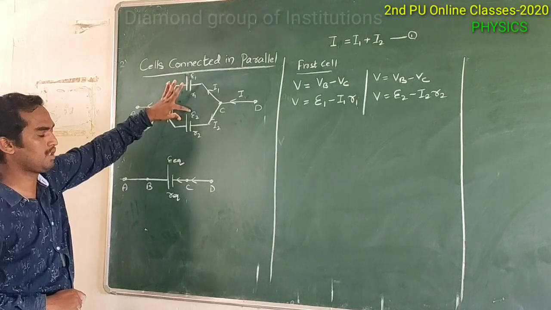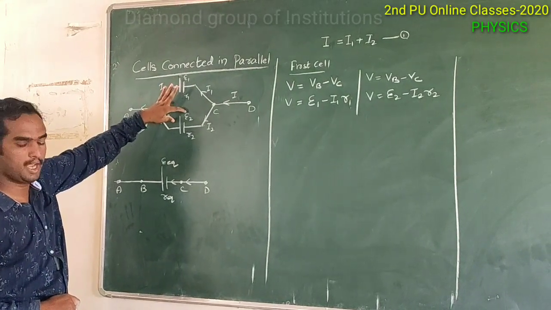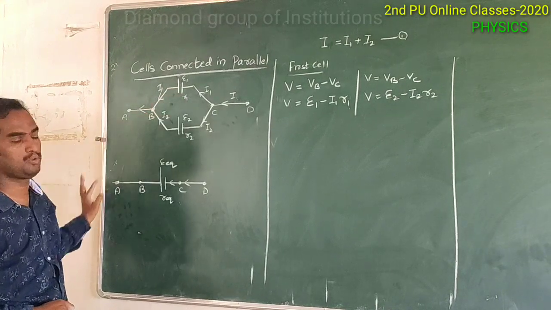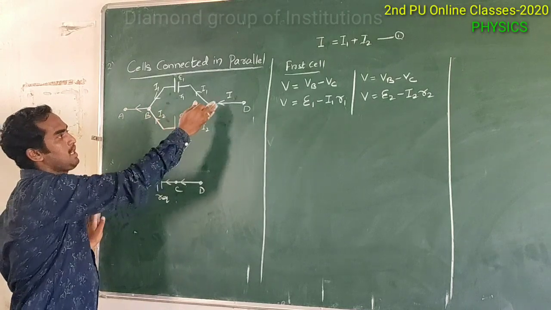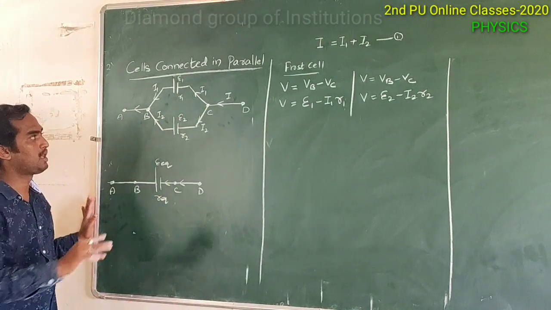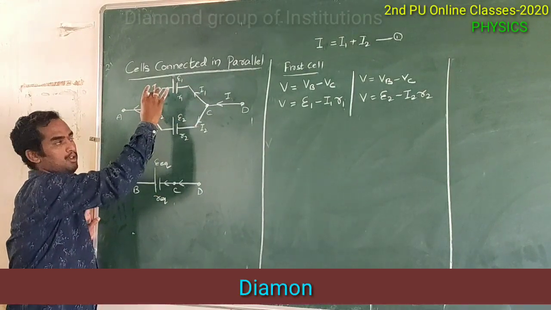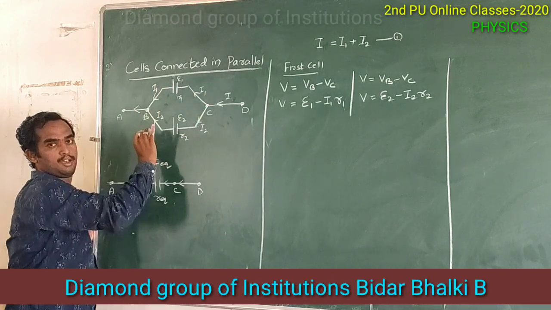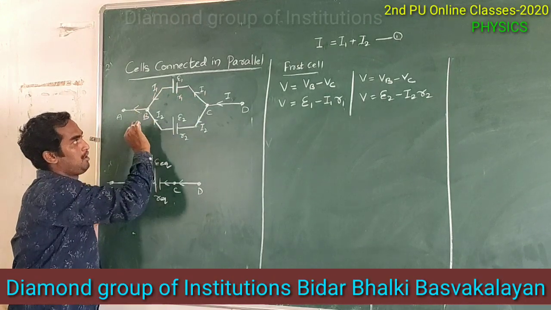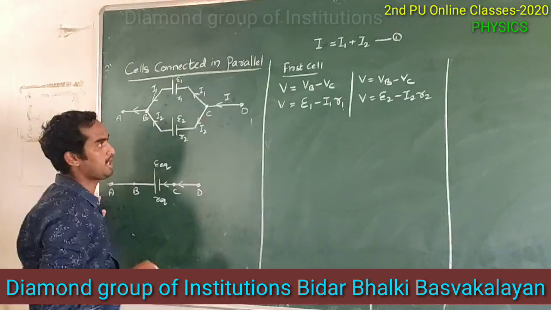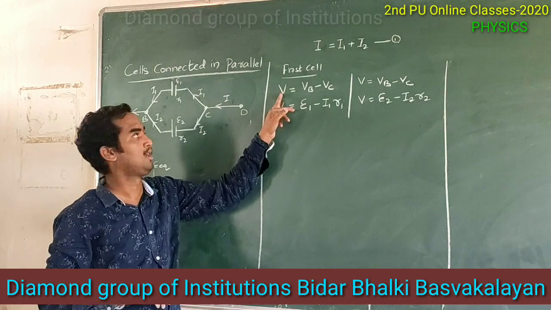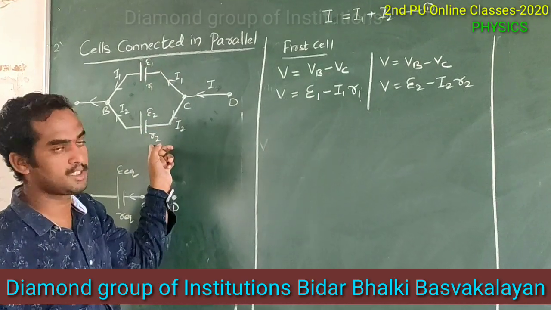The second cell has EMF E2 and internal resistance R2. We can see the points A, B, C, D. So there are two paths across between points B and C, and between these two points we are calculating the potential difference. This is the first cell and this is the second cell.